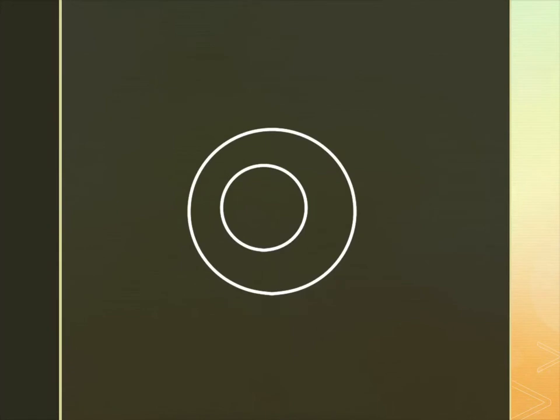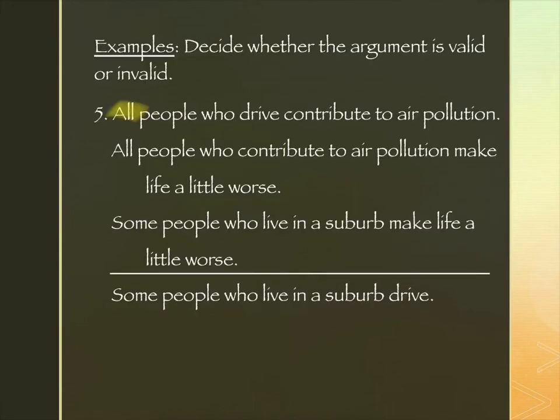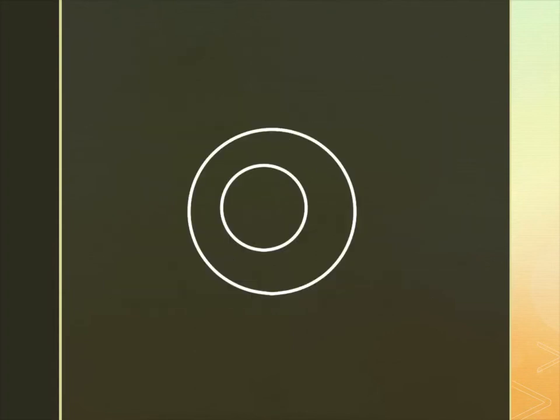So I'm going to have a small circle inside of a larger one. What do I want to put in the inner circle? The people who drive. That's always the first piece: the one right after the word all goes on the inside circle. So these are the people who drive.